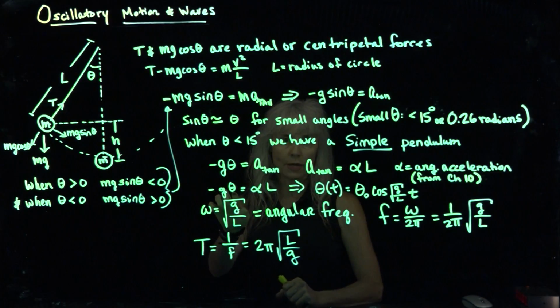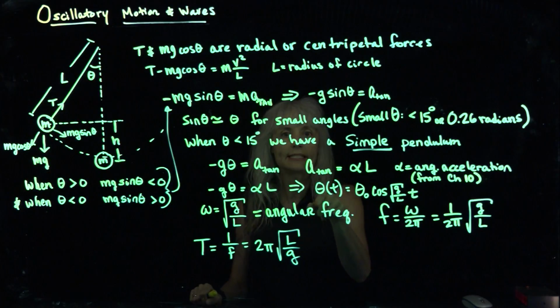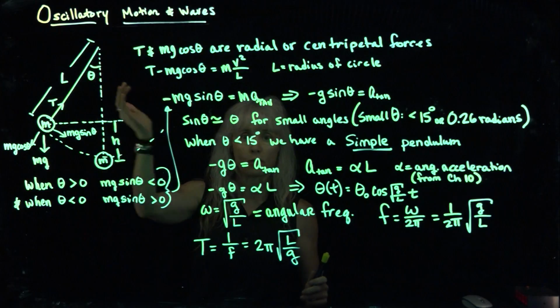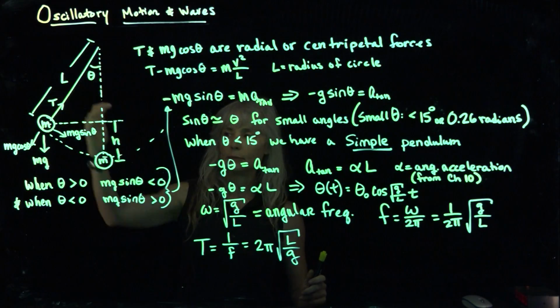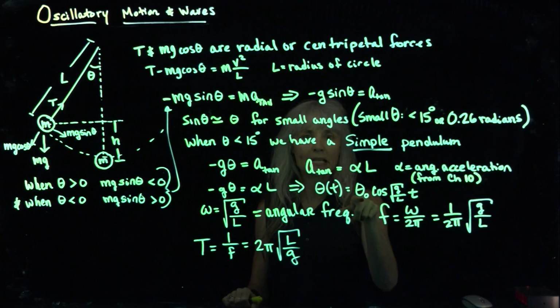So we can solve this equation, and again, this is a differential equation. Alpha is the second time derivative of theta. So this is a differential equation that we are not yet equipped to solve. You'll have to trust me that the solution is that theta, as a function of time, this angle which is constantly changing as this pendulum exhibits oscillatory motion, is given by the maximum angle.